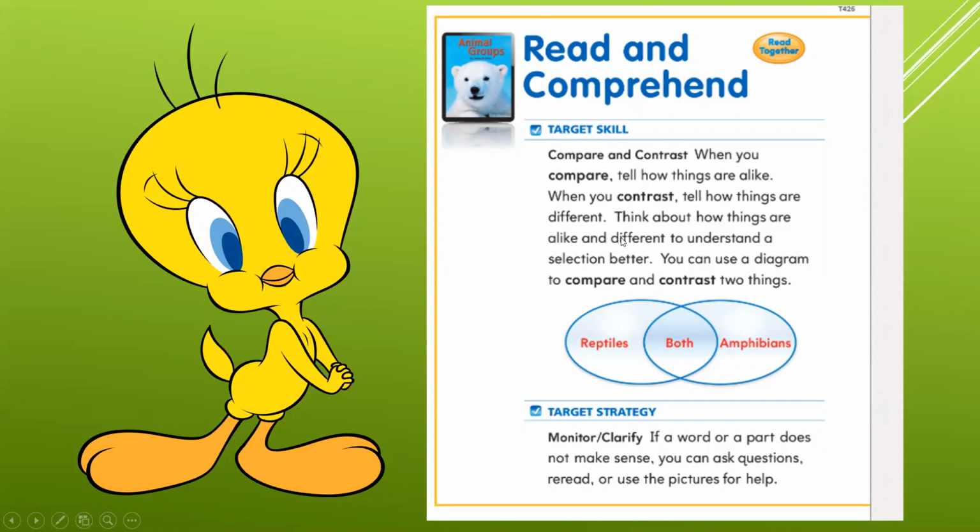The selection means this story. Okay? You can use this diagram to compare and to contrast between two things. For example, he is putting one word here and one word there, and how these things are the same. But you will write here how they are different, you will write there how they are different.